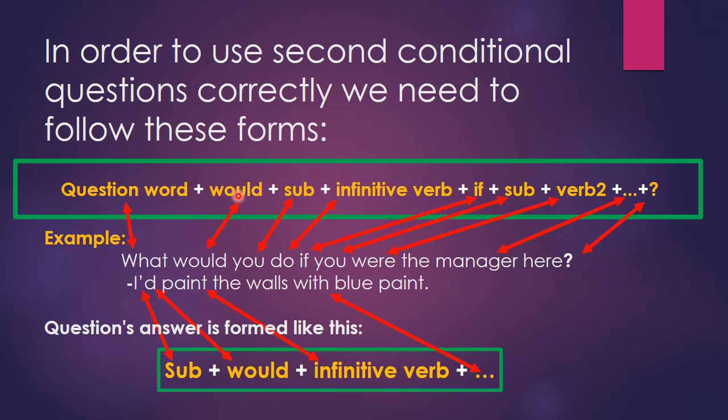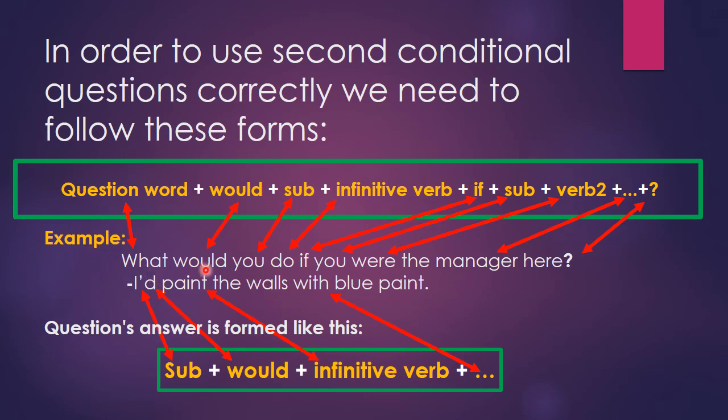Then there's would after the question word, then comes the subject, then comes the infinitive verb. Then comes if, then comes the subject, then comes verb 2, then comes the rest of the sentence, and at last, which is very important, the question mark. Then for the answers you have subject, then comes would, then comes the infinitive verb, and the rest of the sentence. Okay, let's see it in an example.